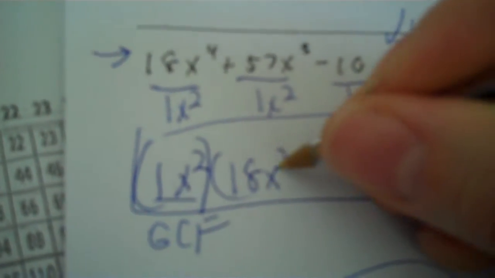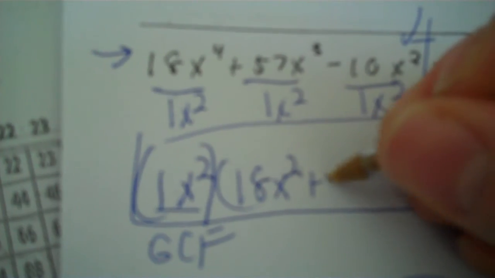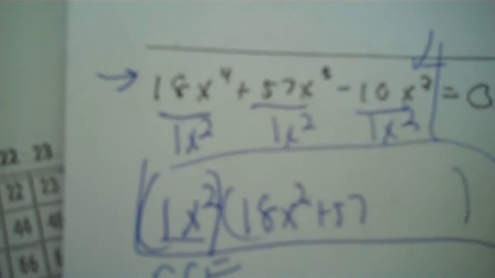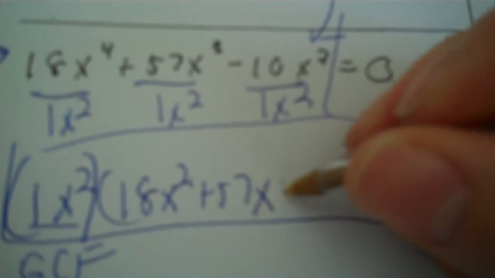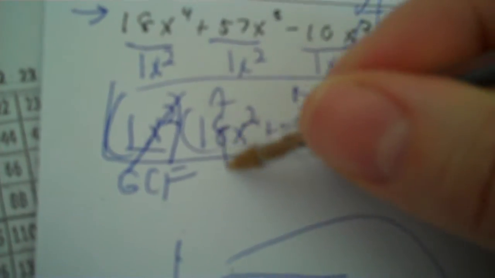18 divided by 1 is 18. A fourth power minus a second power is a second power. Plus 57. A third power minus a second power is a first power, so it'd just be x minus 10, and those would cancel. Now, take that GCF away, we already have it down here, and then I ABC that. 18 times negative 10 is negative 180.